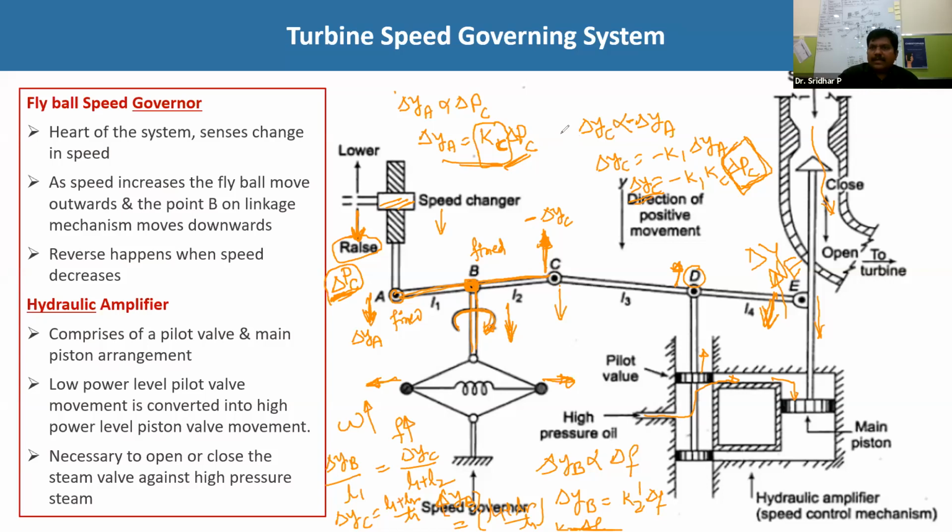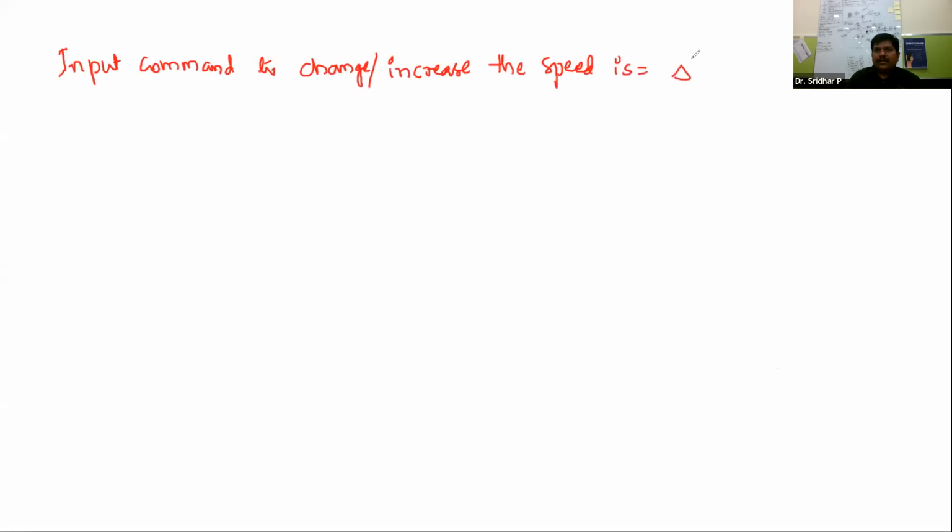The same thing, this sequence of operations, we are going to do. So first, the input command to change, or especially increase, the speed is delta PC.